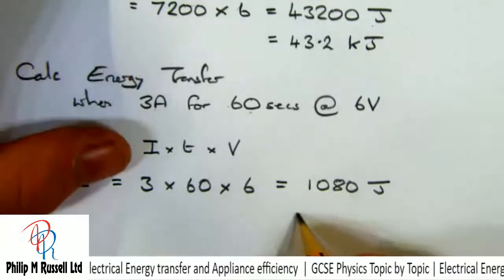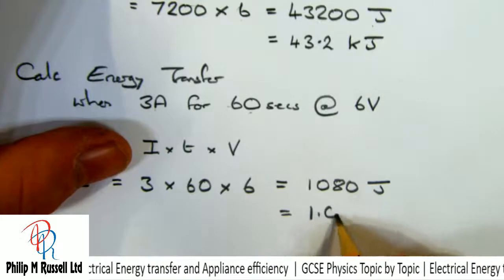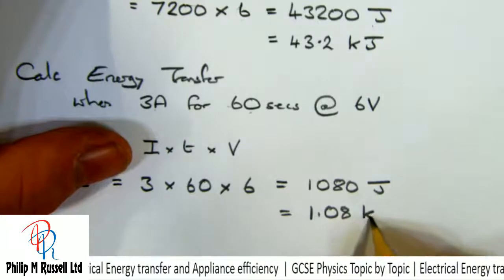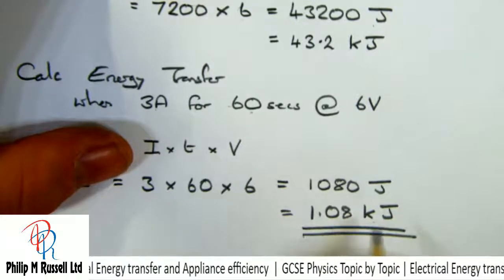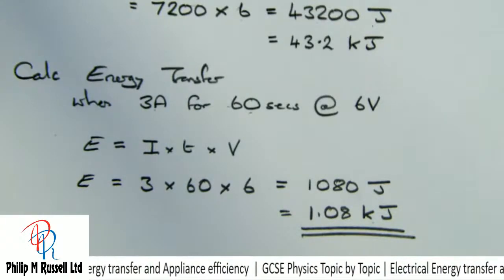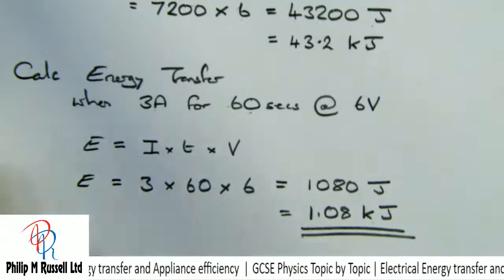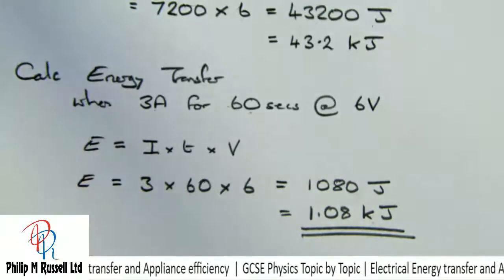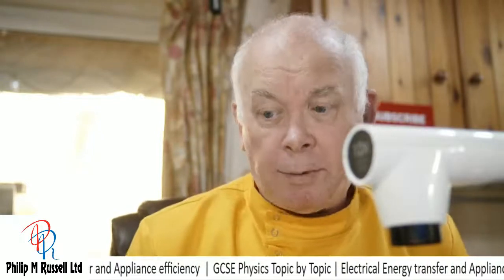Joules. Or we could write that as 1.08 kilojoules. So the things we need to remember from this are really not that difficult. We need to remember a couple of formulas.